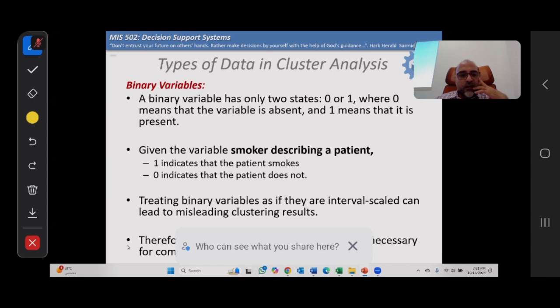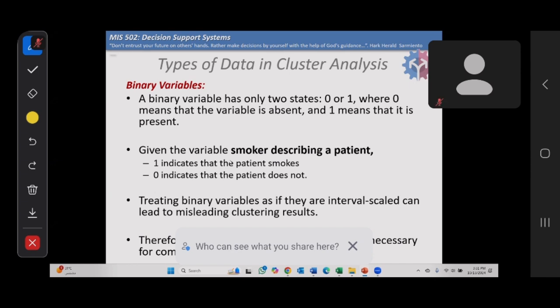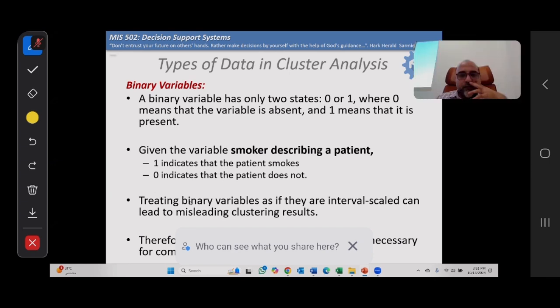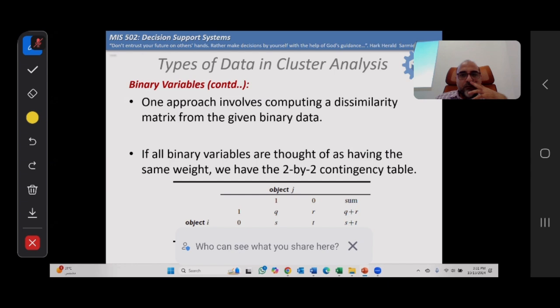We are now talking about dealing with binary variables. Can you see my mouse moving on the screen? Okay, sure. So to deal with binary variables in clustering, the problem is slightly different.